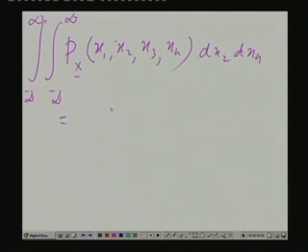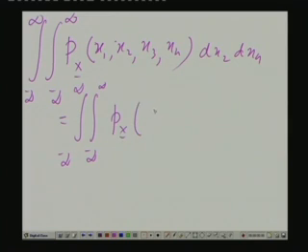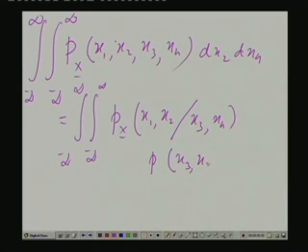You can easily see, you can write this as the conditional probability of x 2, x 4 given some x 1, x 3 times p x 1, x 3 dx 2, dx 4.